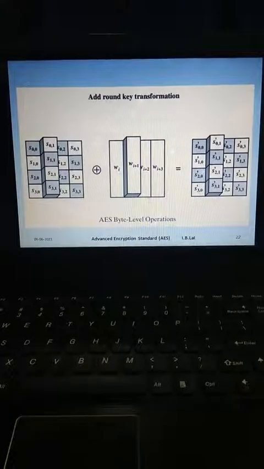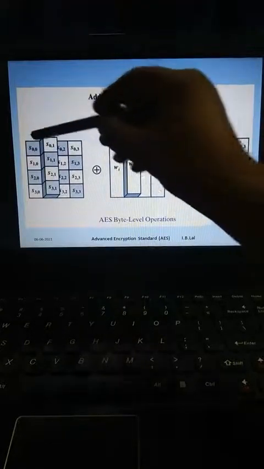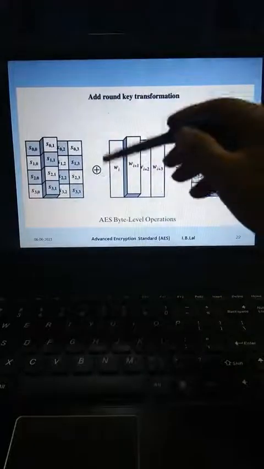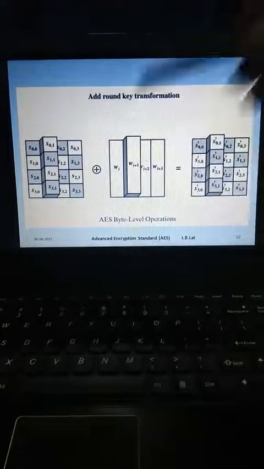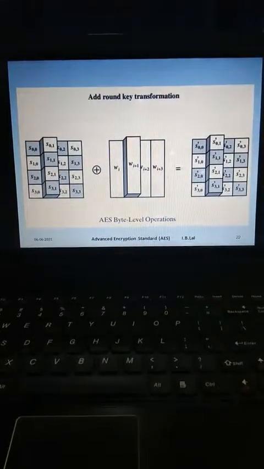Now, what happens in add round key? In add round key, each word is XORed with one word of the key. Okay, each word means one column. Each column would be XORed with one column of the 44 keys.